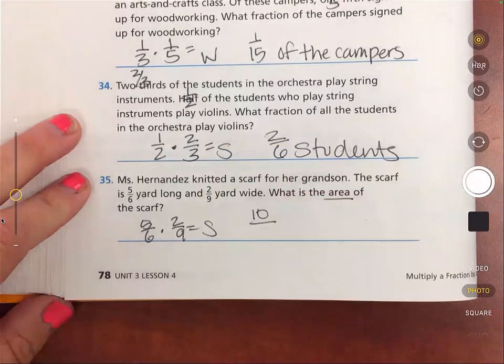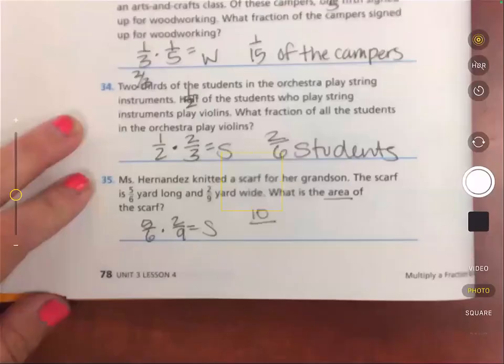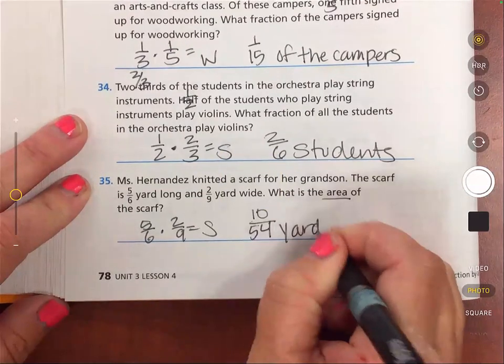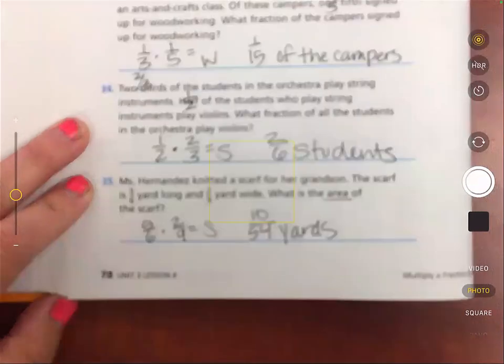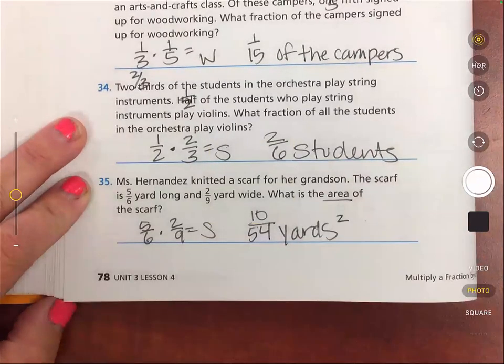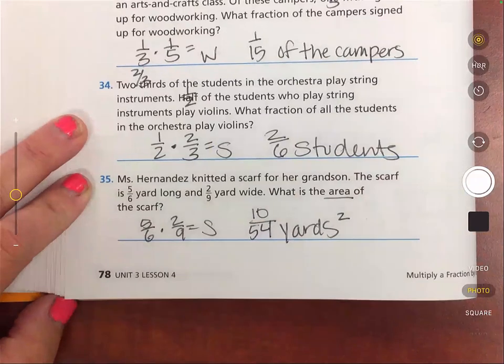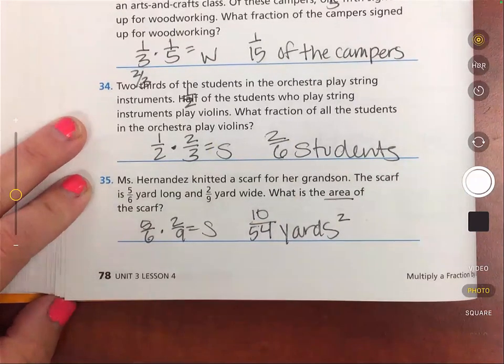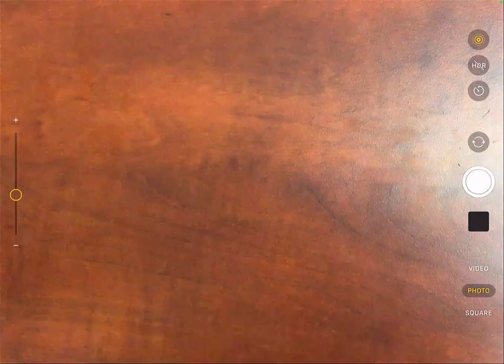Miscounted. 6 times 9 is 54. 10/54 yards. Okay. Actually, it's yards squared, right? Because it's area. It's square yards. Okay. Kind of rush through those word problems, but I wanted to be able to see the homework a little bit too.